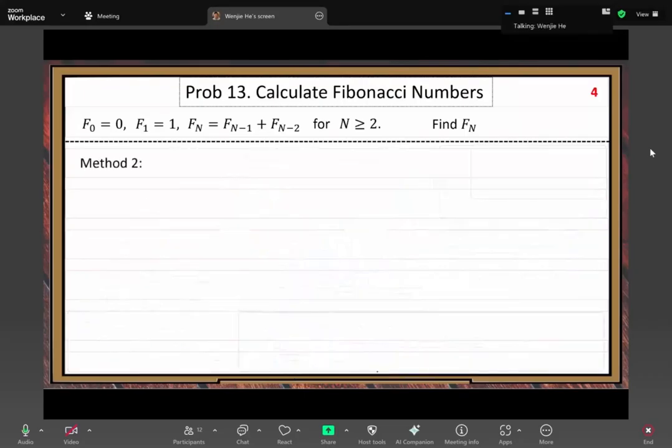So, Method 2, dynamic programming. We still do the recursion, but when we do the recursion, we add some special careful treatment in our data management.